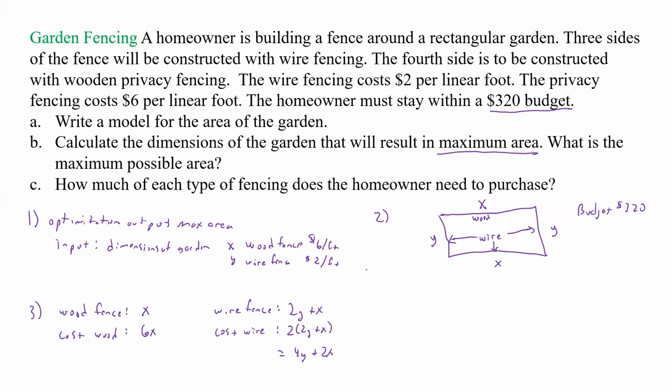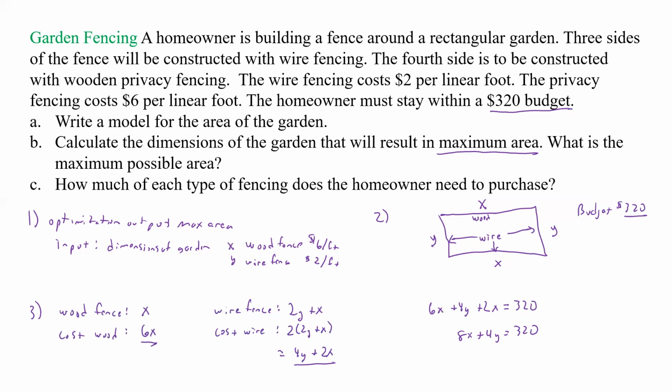Now what else do we know? We know the total is 320, so if we take this plus this, that has to equal the budget. So then we can say, well, 6x plus 4y plus 2x equals 320, okay? Well, now we have common factors here, so we can say 8x plus 4y equals 320.